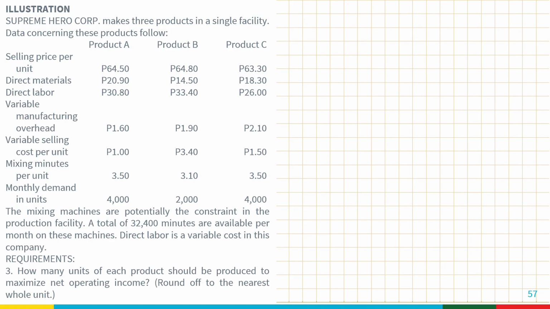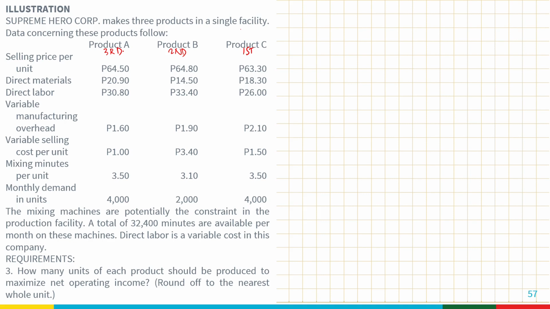Kanina nalaman natin na ang first priority ay si product C and second si B, last priority si A. Lagay na natin para may guide na tayo. So ito yung ating first, second, and third priority.